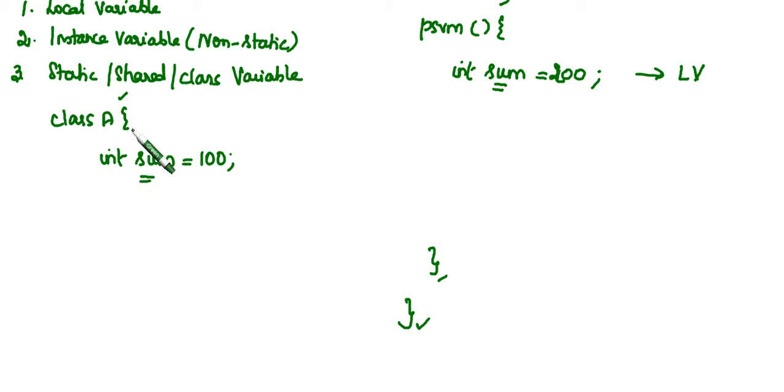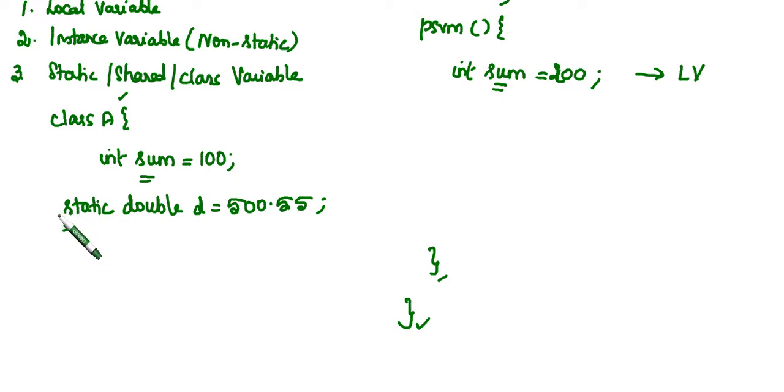Next one, so this is about the instance variable as well as the local variable. Next one, static variable. Static variable means you have to use the keyword static. I'm using static double d is equivalent to 500.55. So this is said to be a static variable.